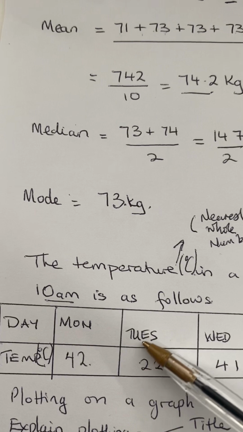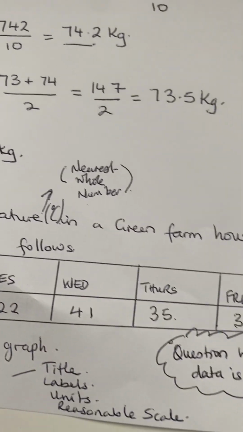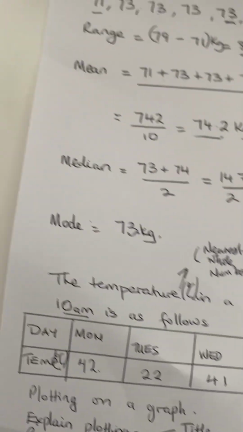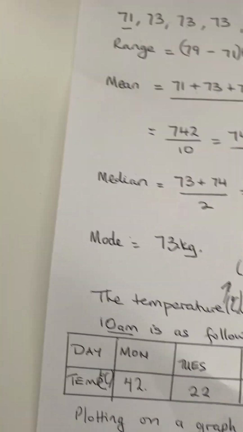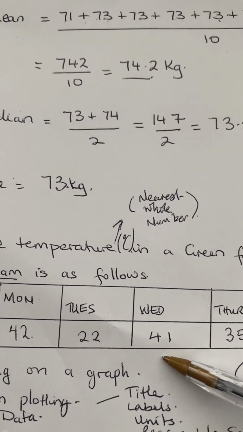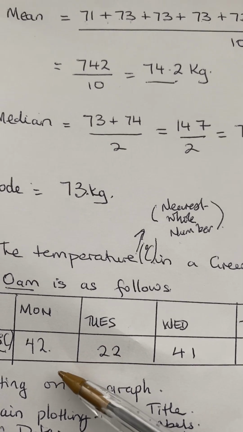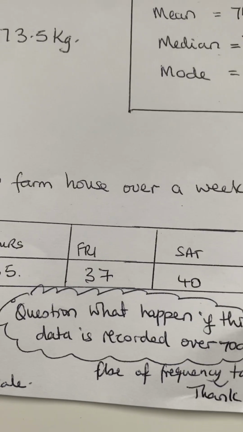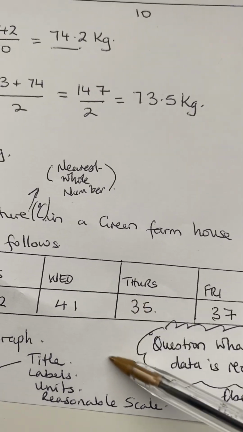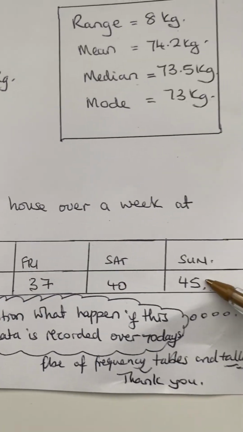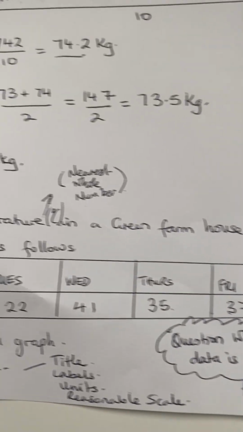The mean here, we add all the 7 temperatures and divide by 7. The median here, we rearrange them from the lowest to the highest, and then we choose the middle number. Now there will be no mode here because none of them repeats itself.